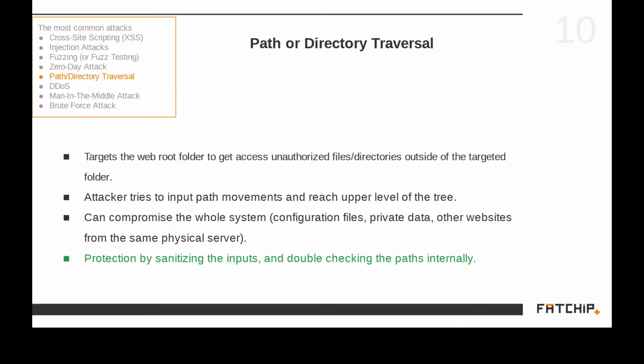So it's again just to get access to information and data to later do another attack or another hacking, usually. So again, sanitizing the inputs and checking the path internally on the server side can be a very strong protection against that. And as usual, do not rely too much on the user input, because that's where many attacks are coming from.